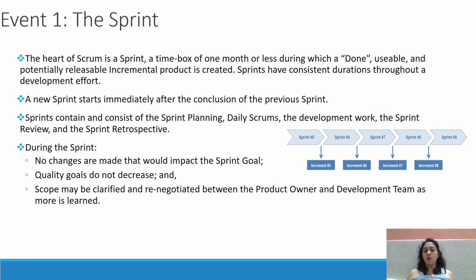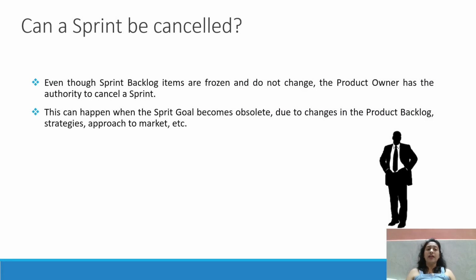Correct? Quality goals do not decrease, and the scope may be clarified or renegotiated between the product owner and the development team as more is learned. Then, can a sprint be cancelled? Yes, even though the sprint backlog items are frozen and do not change, the product owner has the authority to cancel the sprint.